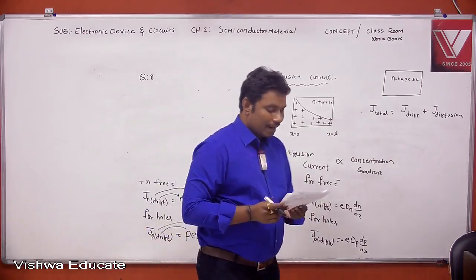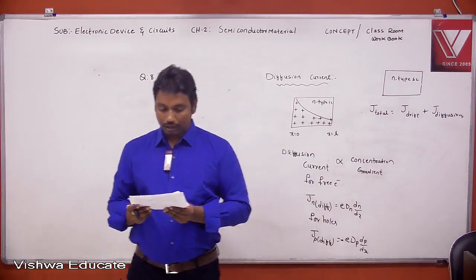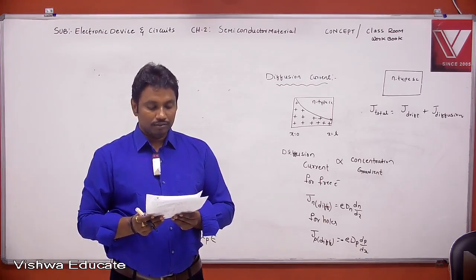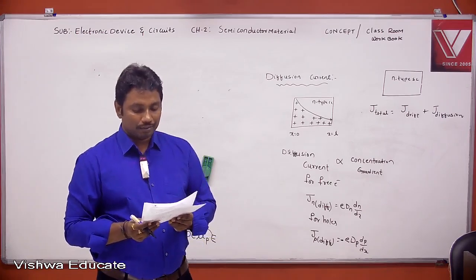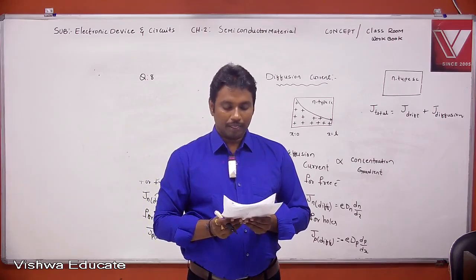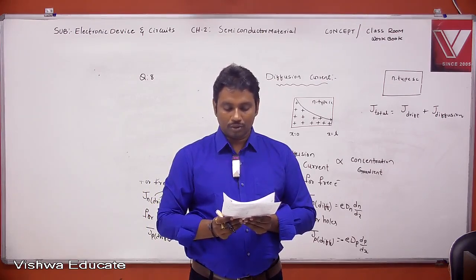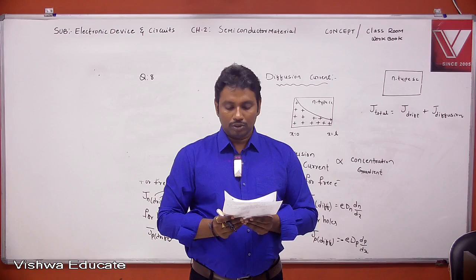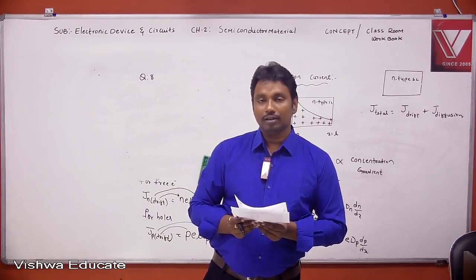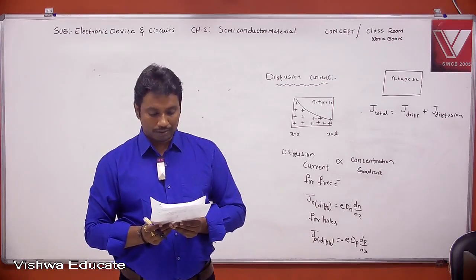Write down the question: the electron concentration in an n-type silicon sample varies linearly from 10 power 17 at x equal to 0 to 6 into 10 power 16 at x equal to 2 micrometer.